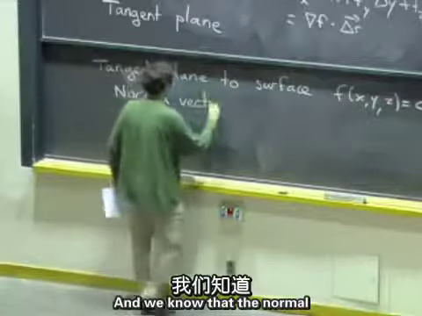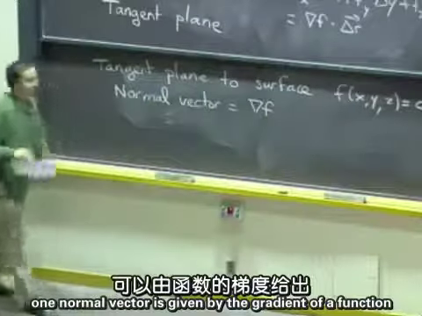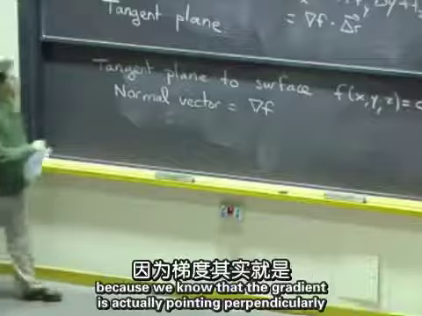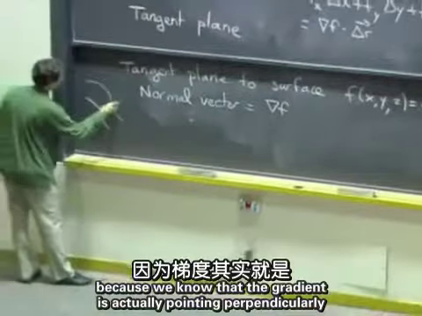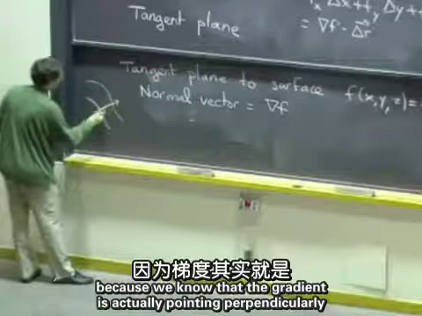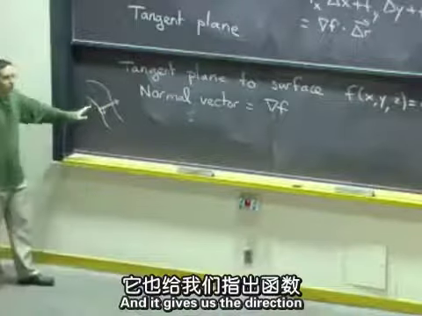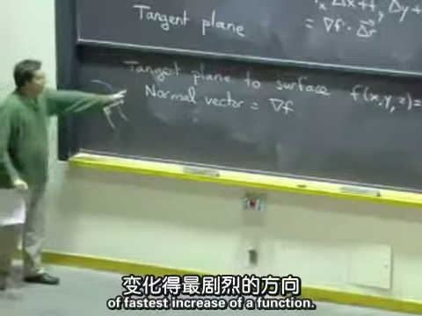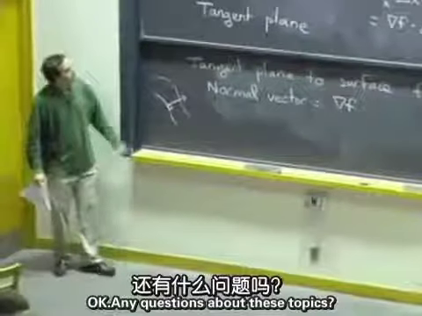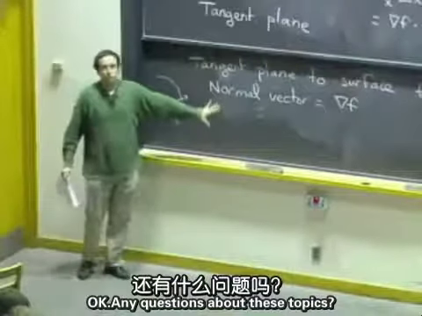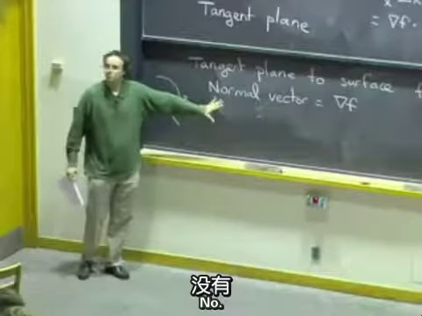And we know that one normal vector is given by the gradient of the function because the gradient is pointing perpendicularly to the level set towards higher values of the function. It gives us the direction of fastest increase of a function. Okay. Any questions about these topics? No?